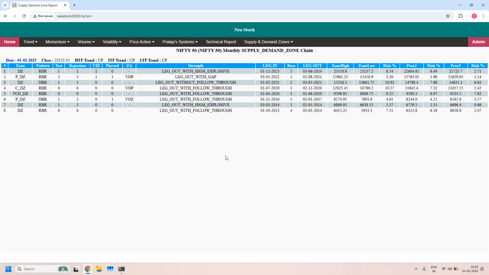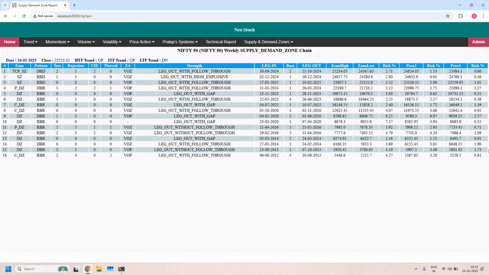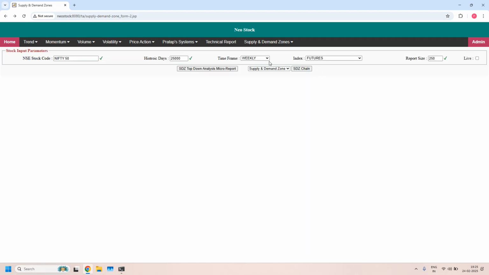Okay, next. Weekly supply demand zone chain for NIFTY. Next, daily supply demand zone chain for NIFTY.